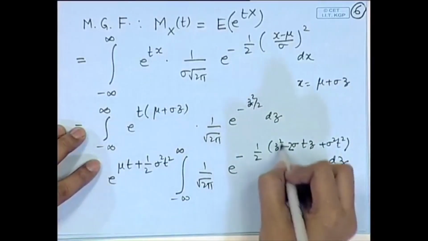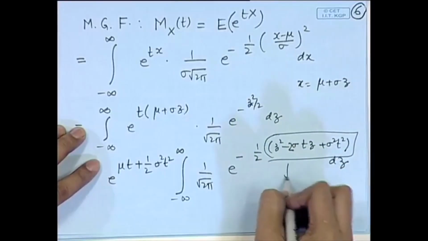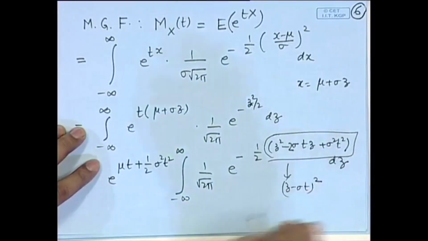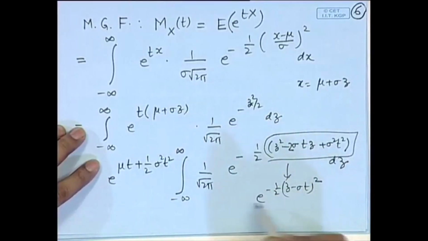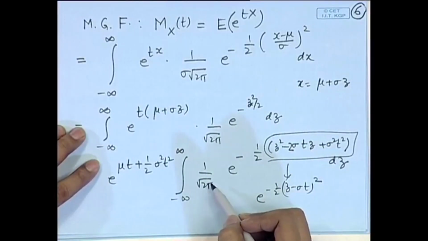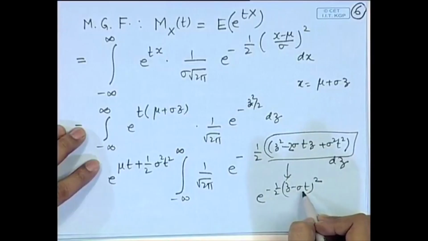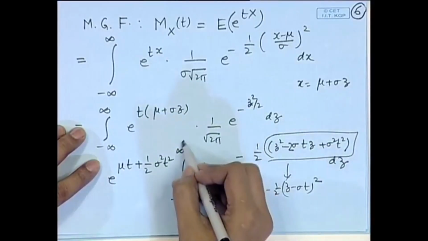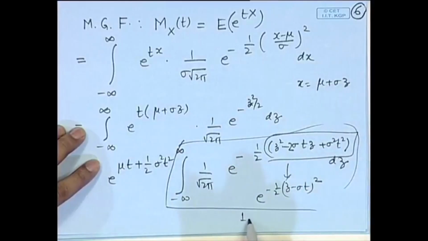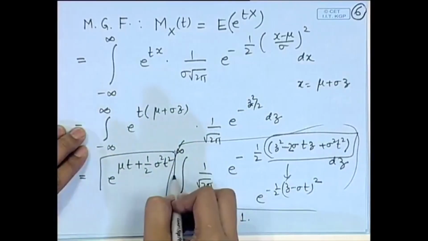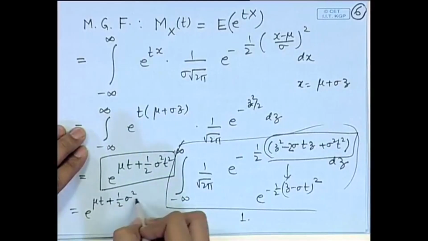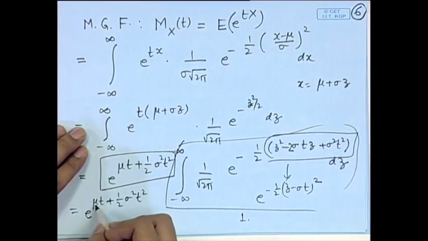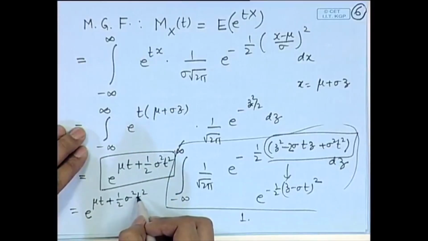So, if you look at this particular term, this is z minus sigma t whole square. So, the integrand denotes a probability density function of a normal random variable with mean sigma t and variance 1. Therefore, this integral should be reducing to 1 and therefore, e to the power mu t plus half sigma square t square becomes the moment generating function of a normal distribution with parameters mu and sigma square.